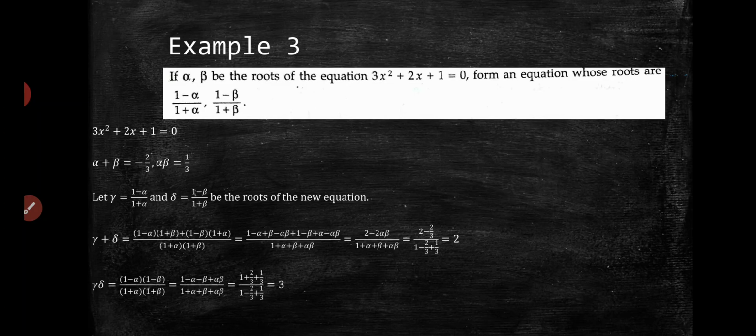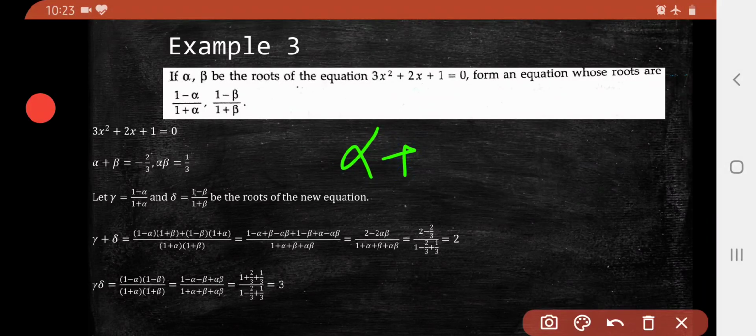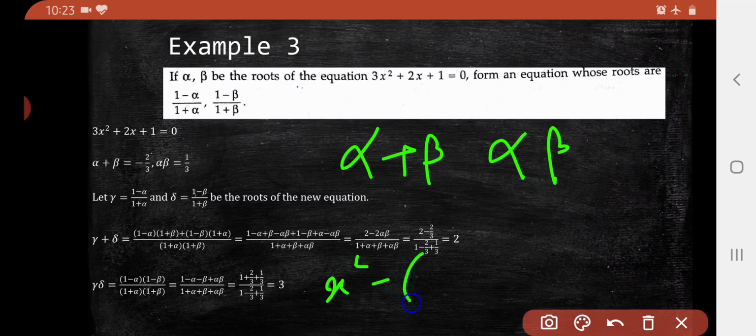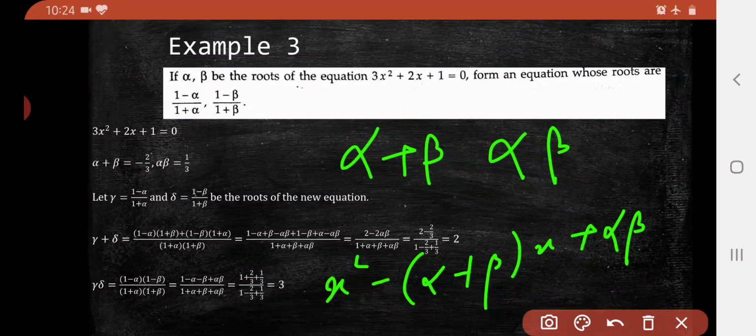So now once we know what is the sum of the roots and what is the product of the roots, then we already did this, that if alpha plus beta is the sum of the roots and alpha beta is the product of the roots, then the equation is given by x square minus alpha plus beta x plus alpha beta equals to 0.